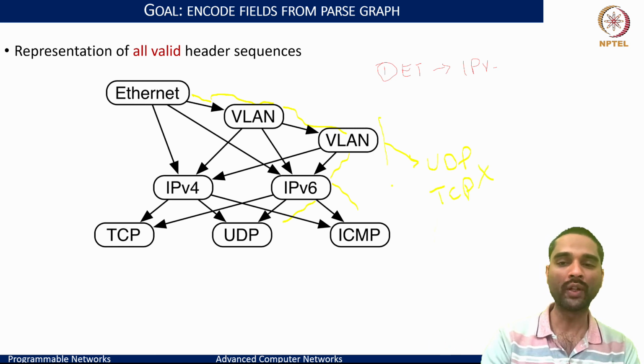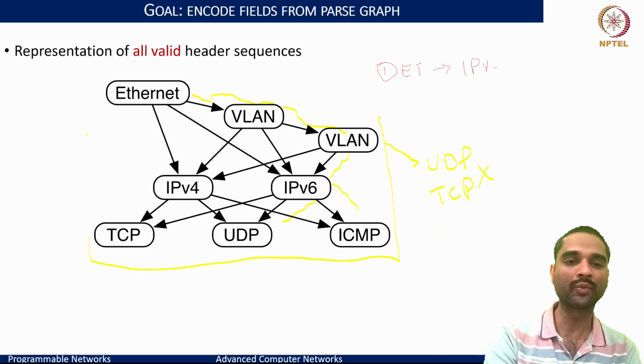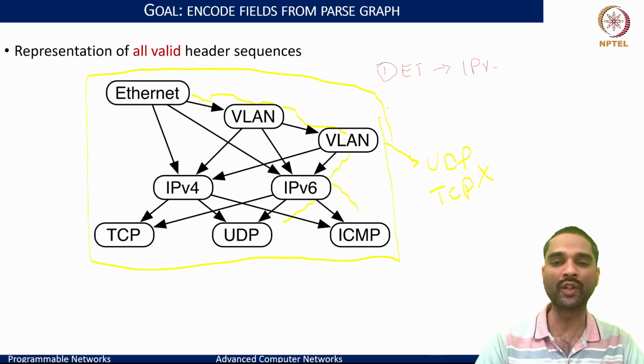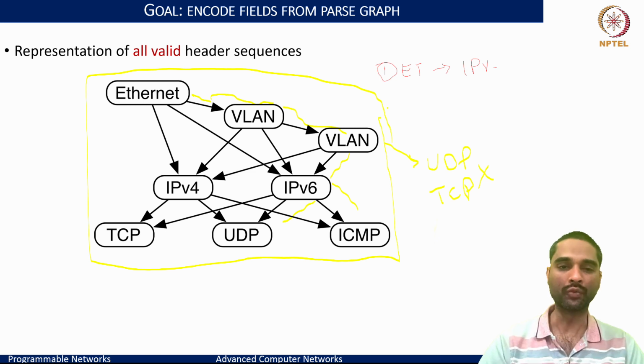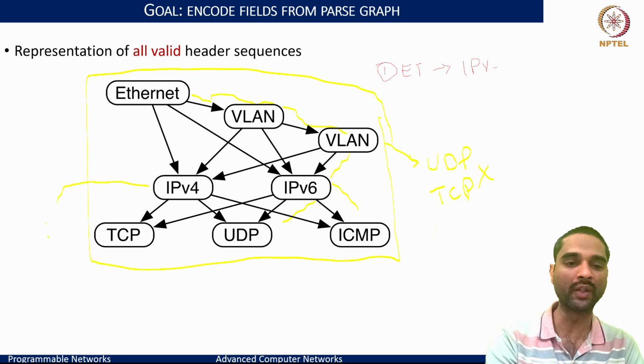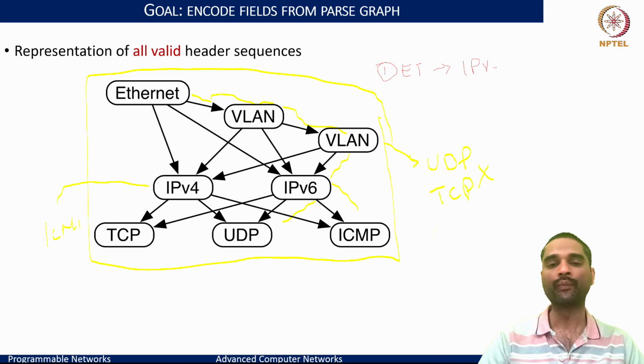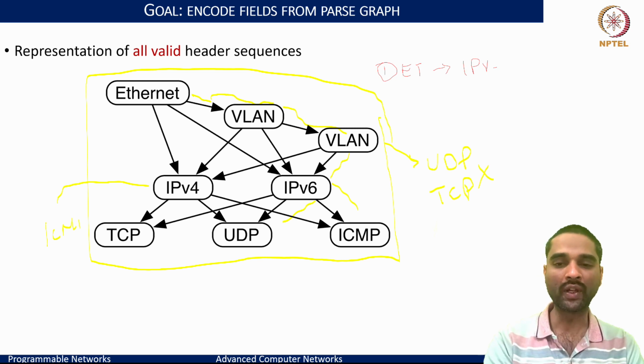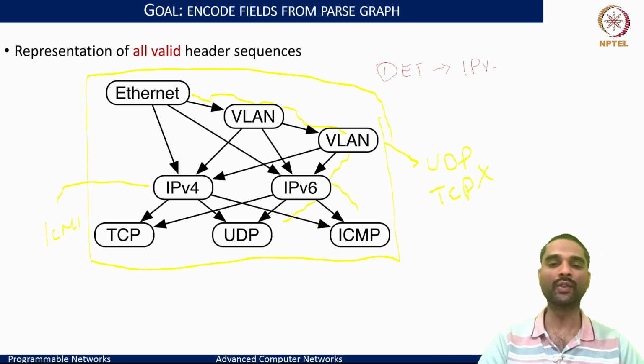So all the combinations expressed in terms of which sequences we can support would be used. And in this case, if ICMP is not in the parse graph list we are looking at for IPv4, then we are only saying IPv6 with ICMP is supported.